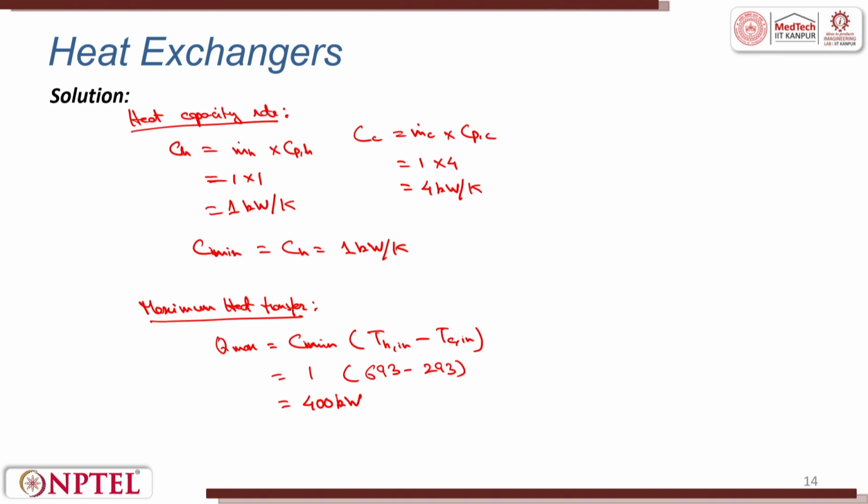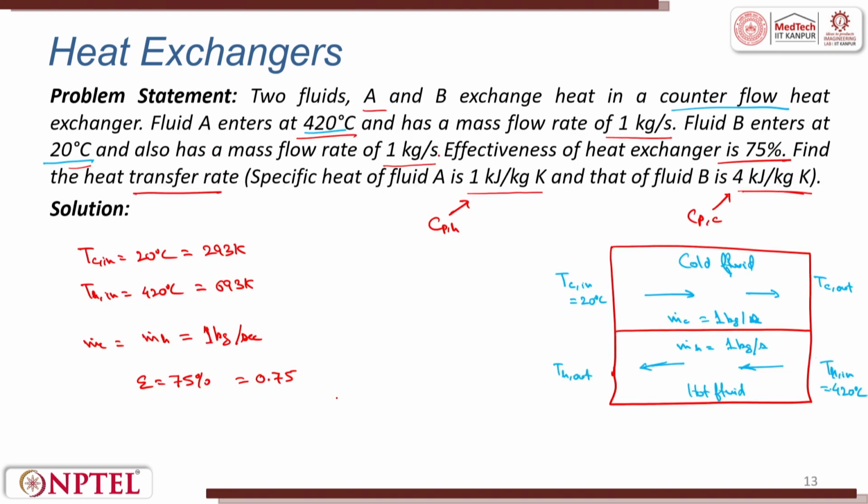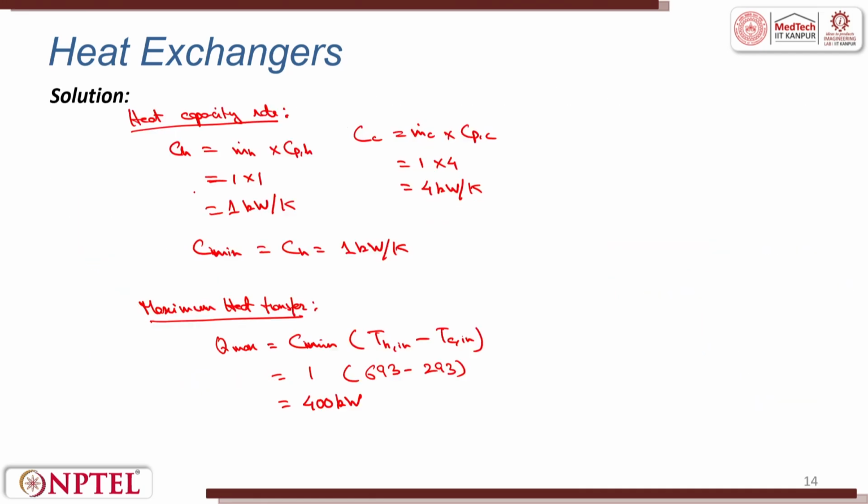So, this is what was asked in the question. They asked about the heat transfer rate. To find the actual heat transfer, you could also do it, I am just leaving it for you.